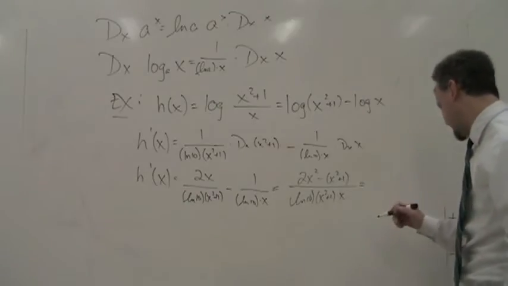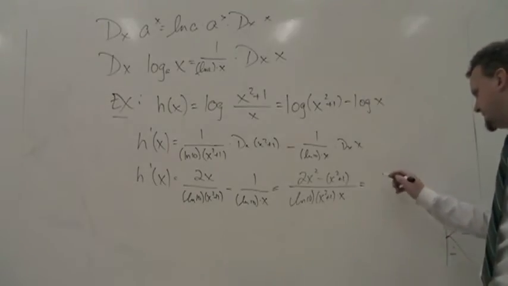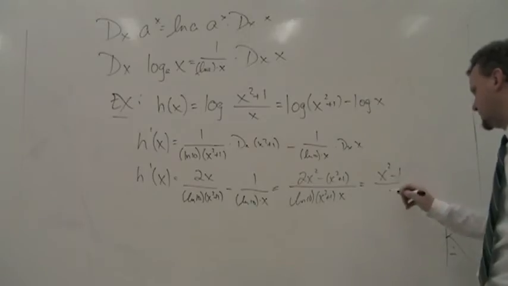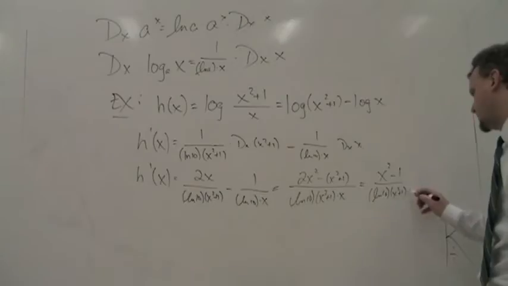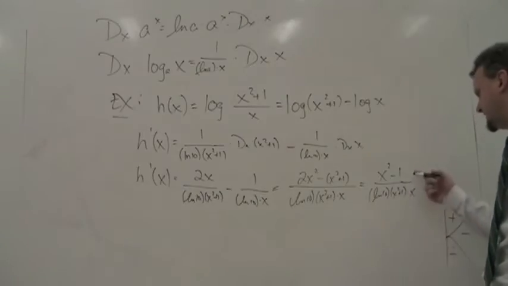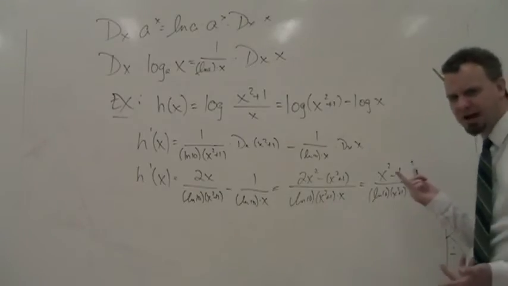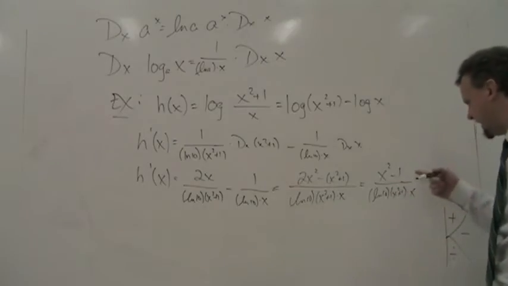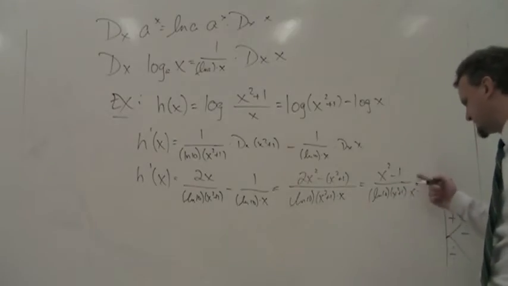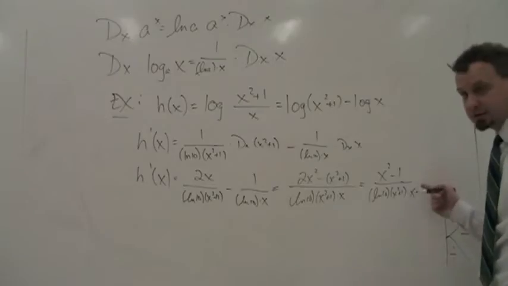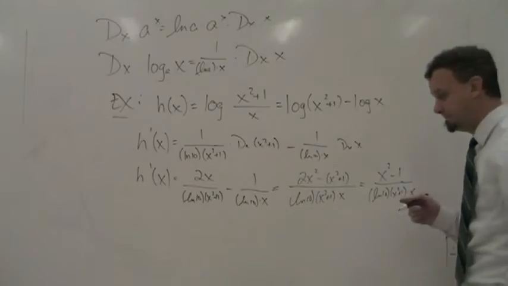And that will be x squared minus 1 over ln 10 times x squared plus 1 times x. And you could factor this if you want, but it's not in the guidelines, and there's no reason to because nothing cancels here. So this is going to be your final answer. You're done with this. Okay?